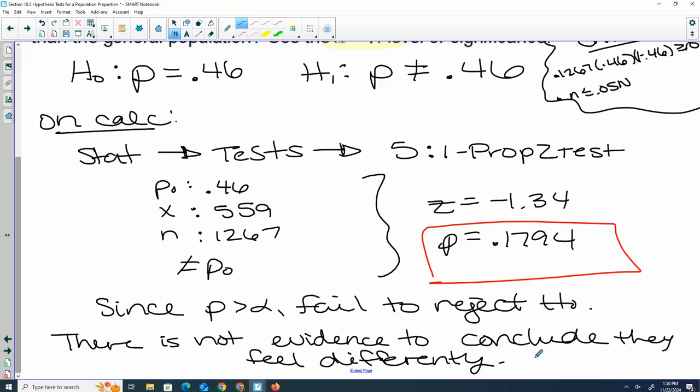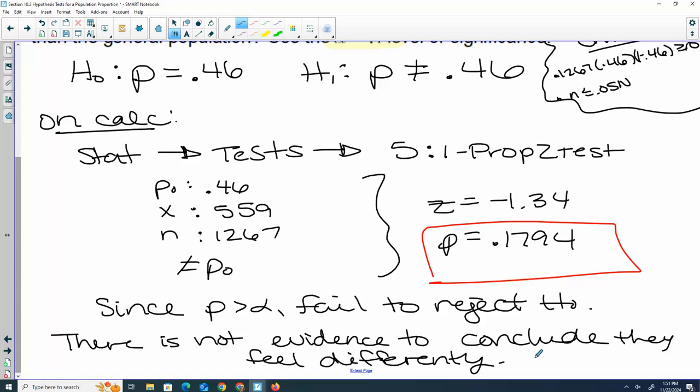So that is not unusual. Is P0 the same as H0? It's saying the p in the null hypothesis, so yes. Alright. Any questions there?